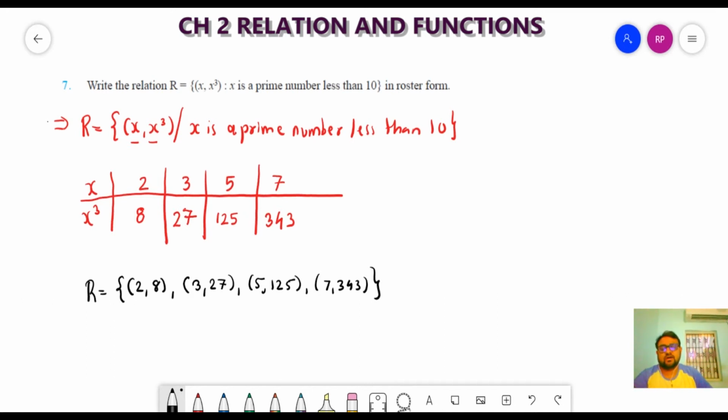Here the domain is not asked. If the domain was asked, it would be 2, 3, 5, 7, and the range will be 8, 27, 125 and 343. Clear? So this was question number 7. Just note it down.